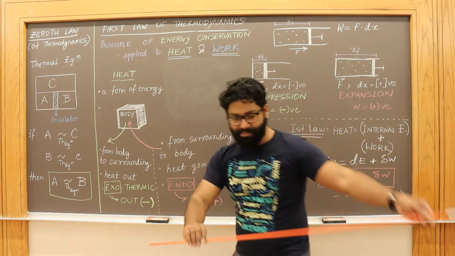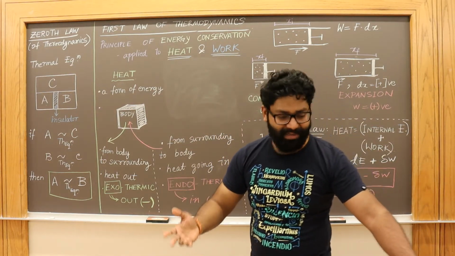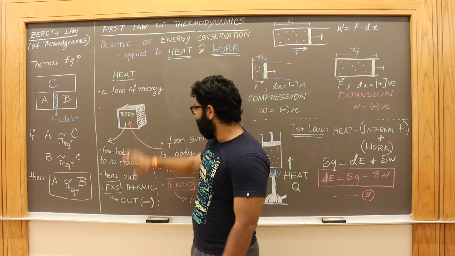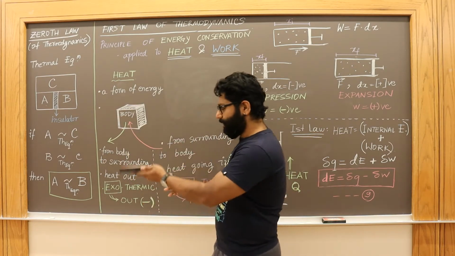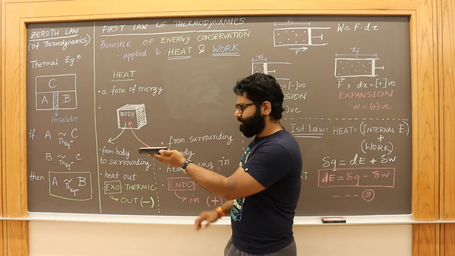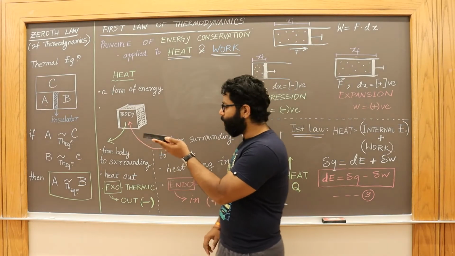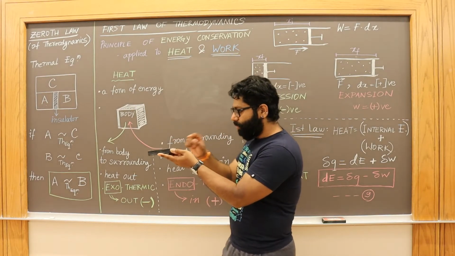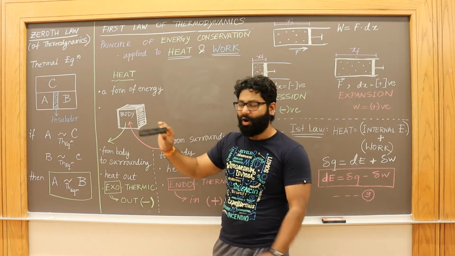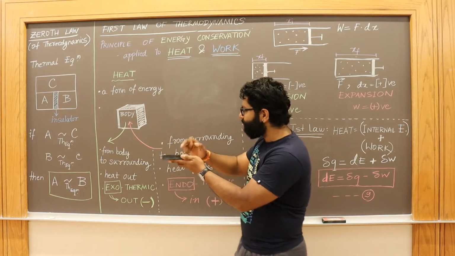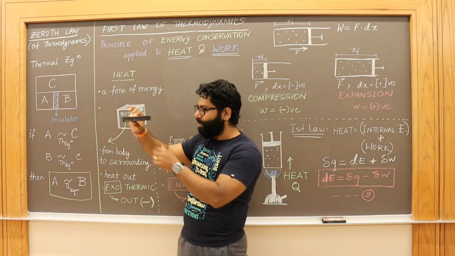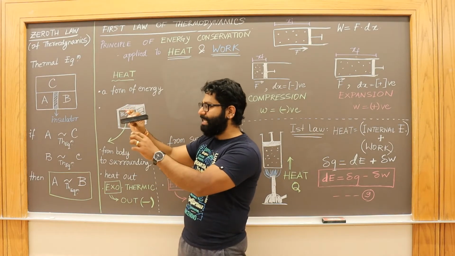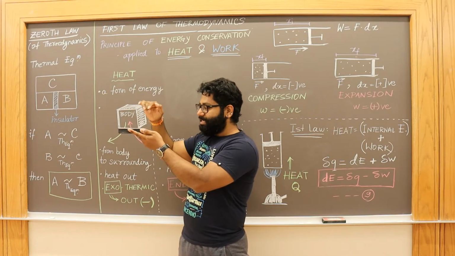Now, heat is a form of energy. So let's assume you have a body which is hot. Say you have this duster, and assume that this body is hot. Now, why do you feel that this body is hot? Because heat from the body is coming to you, because this system, this duster, is giving you heat.